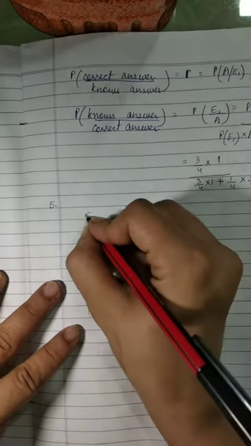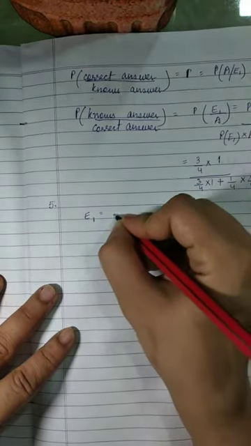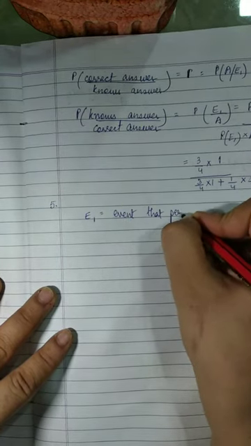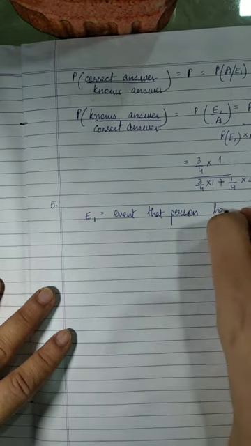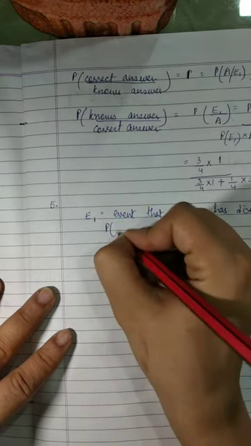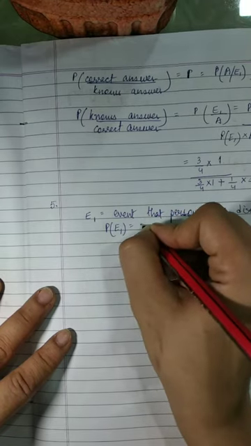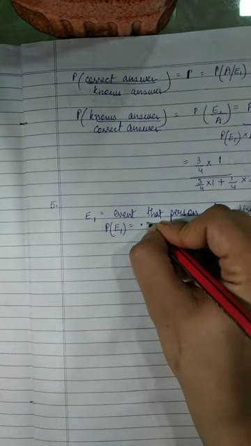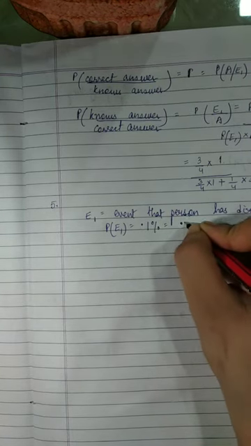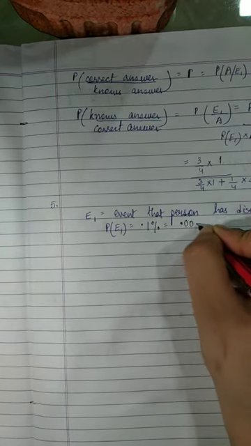So we can write E1 as the event that person has disease, right? And what is the probability that he has a disease? The probability is 0.1%, that is 0.001.